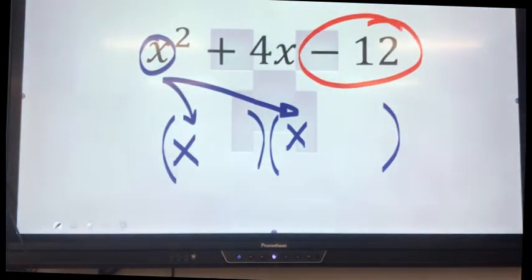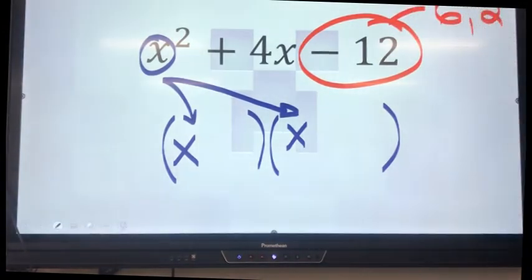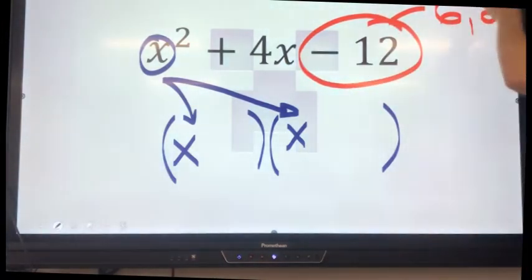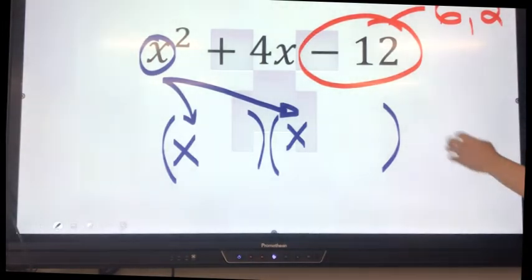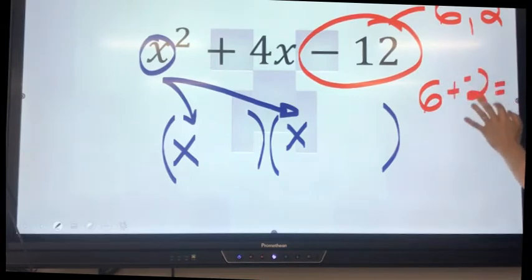I need to make sure those numbers multiply to 12. 6 times 2 will multiply to 12. But also, I need those numbers to add up to 4. So how can I manipulate this so that 6 and 2 make 4? Make 2 negative. Very good. So 6 plus a negative 2 equals 4.